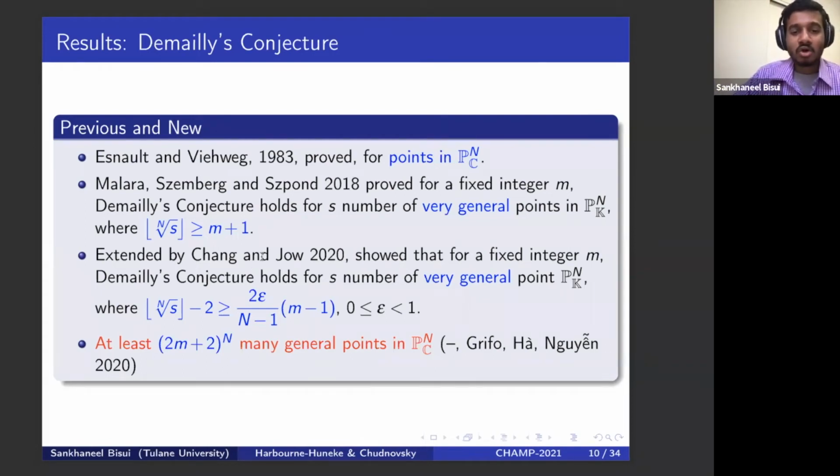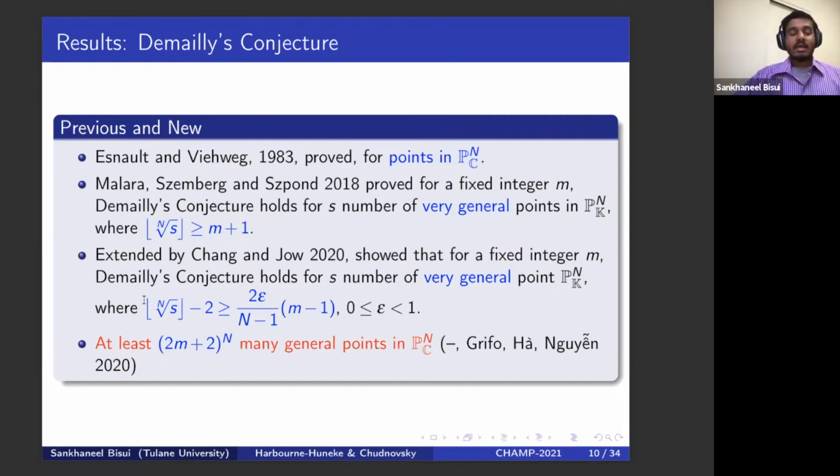extended by Chang and Jow, and they showed that Demailly's conjecture is true for s many very general points where s satisfies this slightly stronger inequality.